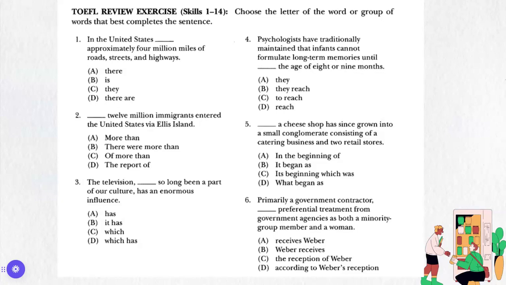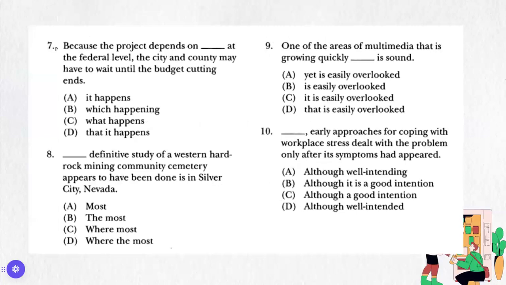5D. 6D. 7B. Oops, sorry, we haven't made it to 7. Here, we have 7, 8, 9, and 10.